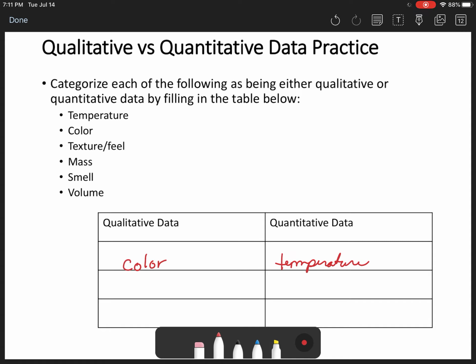How about texture and feel? Hopefully you put that under qualitative. The mass of something, you probably had to do a lot with that in physical science if you took physical science last year. That is definitely quantitative data. You'd measure mass in grams, usually.